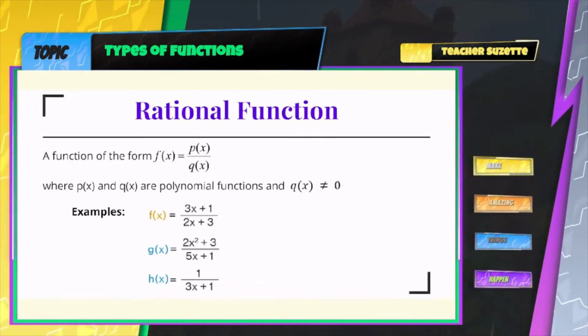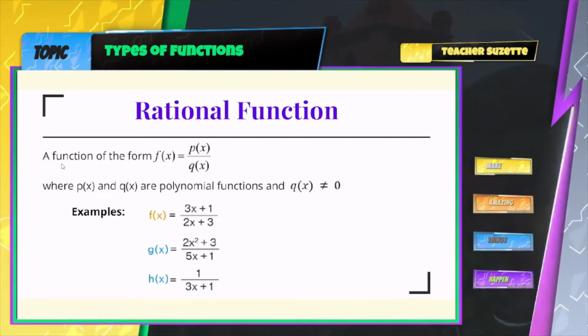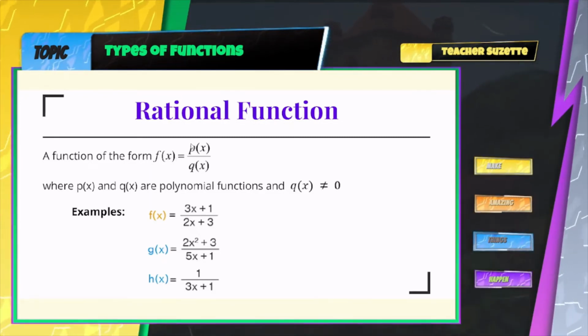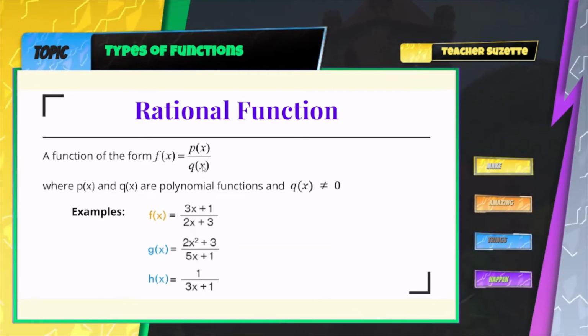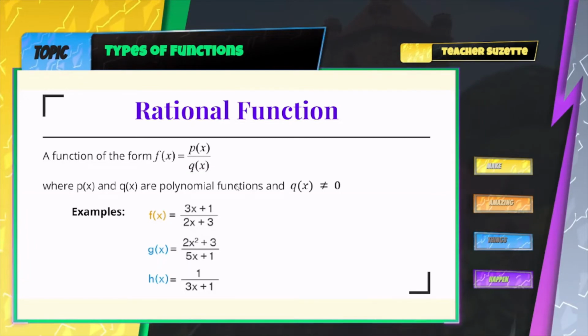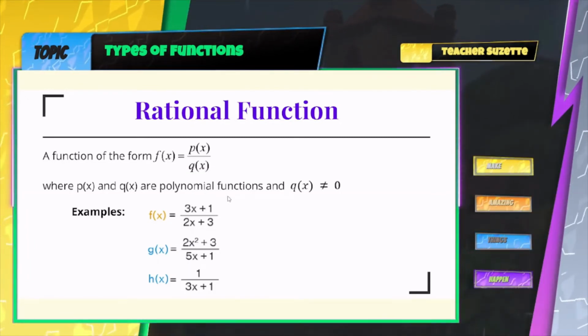Next, let's have the rational function. A rational function is a function of the form f of x is equal to p of x over q of x. This p of x is a polynomial function. So, hopefully, you are no longer confused about the definition of a polynomial function.